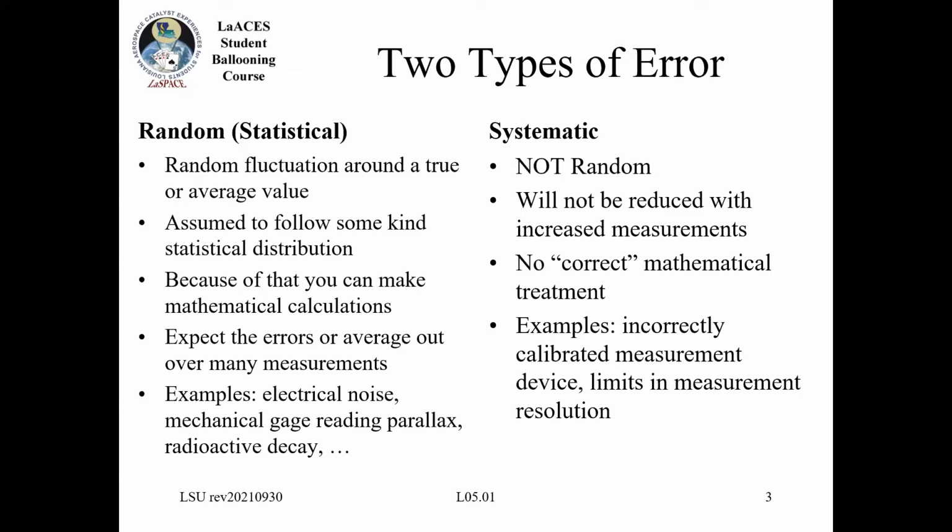So for example, you could have a slightly miscalibrated gauge that always reads a little bit higher compared to other gauges. This is also where you would sort of lump in the limit of the resolution of your measurement device.